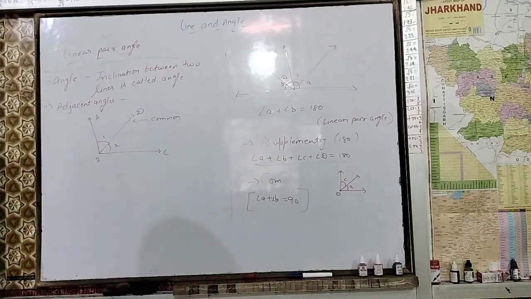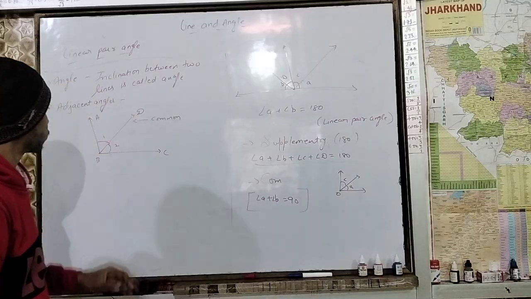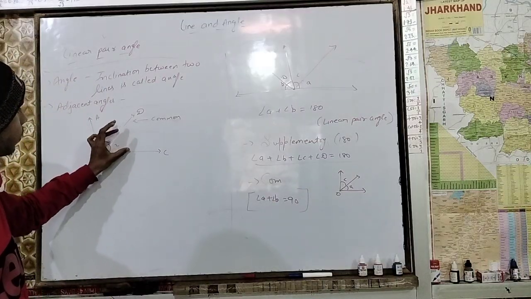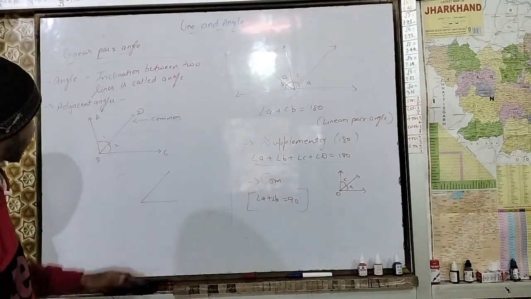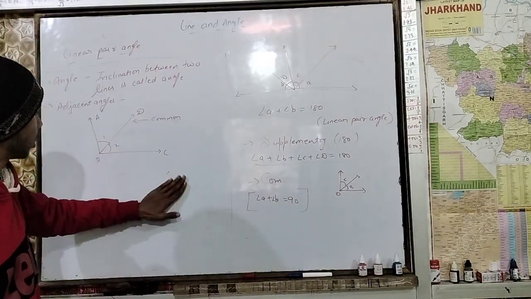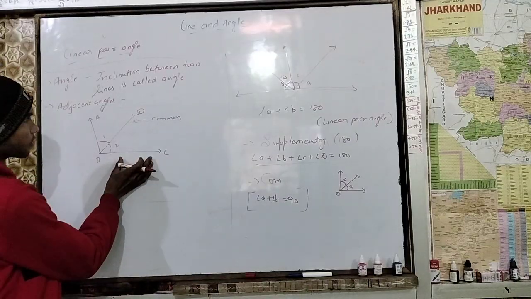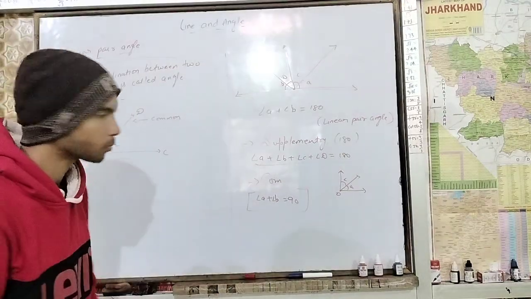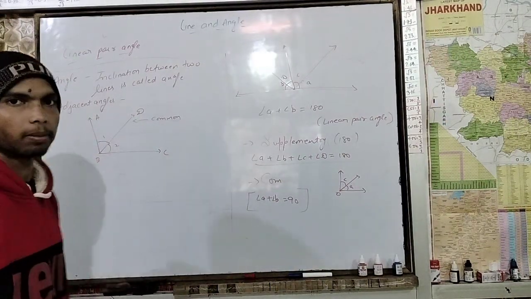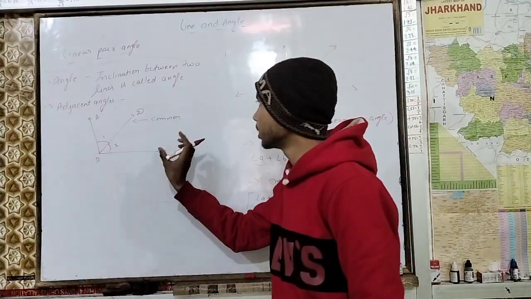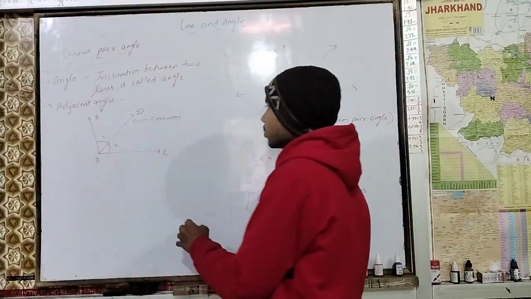Adjacent angles are nothing but this one part. One part will be known as this part, our adjacent angle. But in this, we can see it is only one. This BD is for ABC and BD is also for AB. That's why here BD is a common line. BD is also a part of BC.